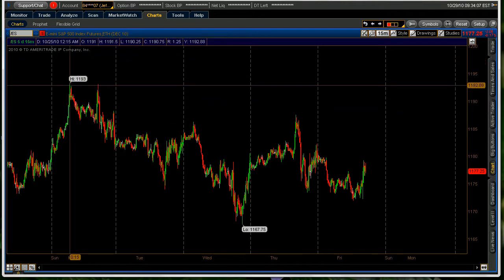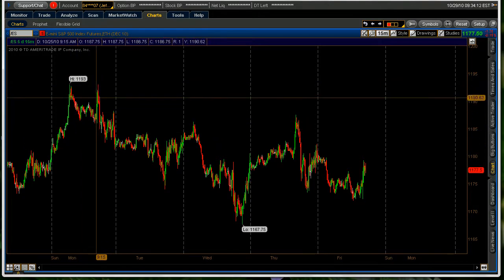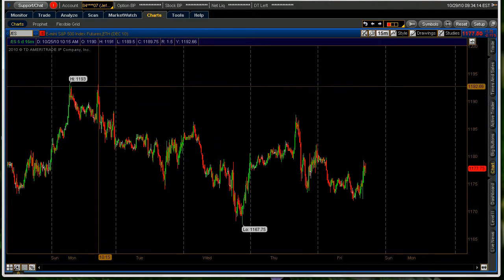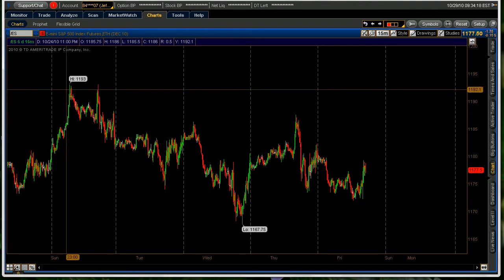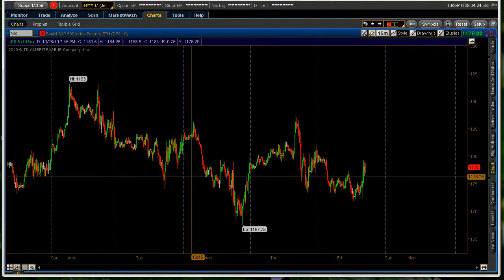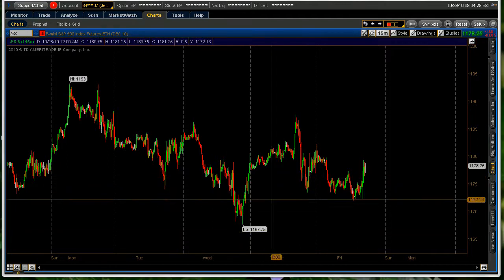It takes all these sellers out and stops them out. And then anyone who bought on the way up here, the market is taking out. So, trendless right here on the E-mini S&P 500.